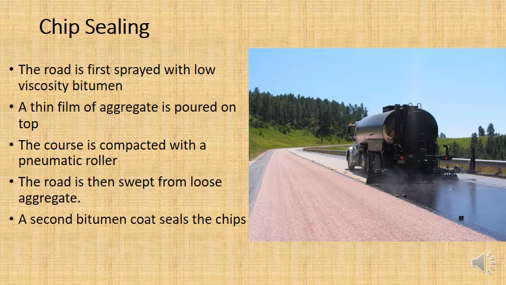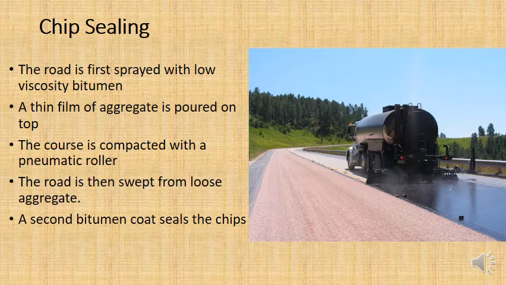And then finally, you would get a road sweeper, a type of machine that basically brushes the road, so if there's any loose aggregate particles left over, they're pushed to the side of the road.